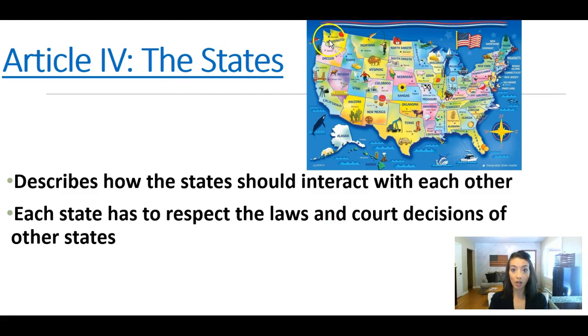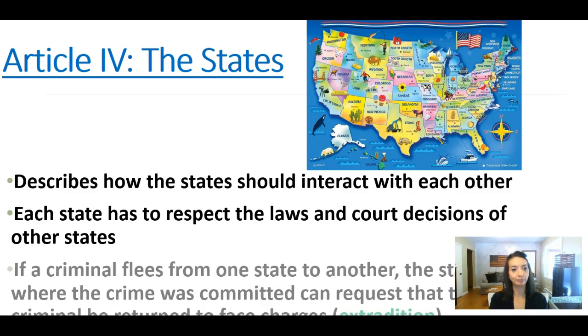So here in Washington, if Oregon makes a law and we don't like it, we have to respect that Oregon has made that law. So for example, Oregon doesn't have sales tax. That's a law in Oregon. Washington does have sales tax. We have to respect that Oregon passed a law where their people do not pay sales tax.